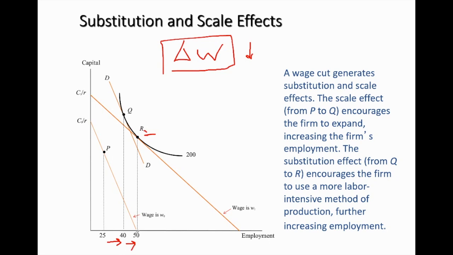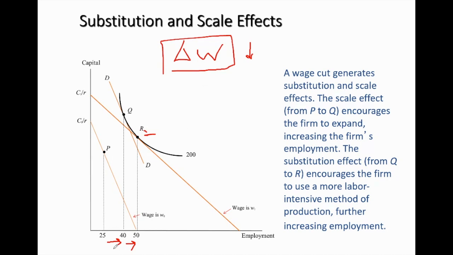The firm now would further increase its intake of workers from 40 to 50 workers. And notice also that there is a decrease in the units of capital intake by the firm due to this substitution effect. From the discussion, we find that both the scale effect and substitution effect would be there when there is a change in the wage rate.